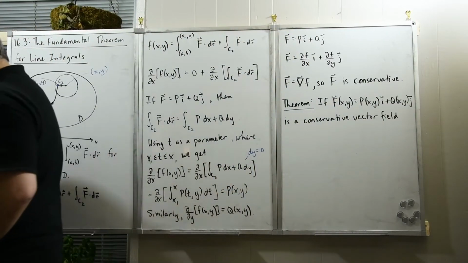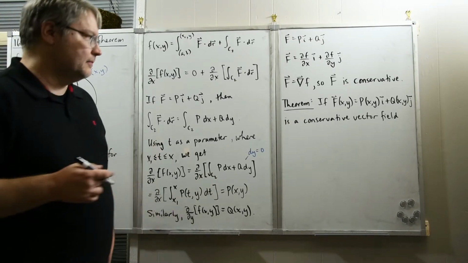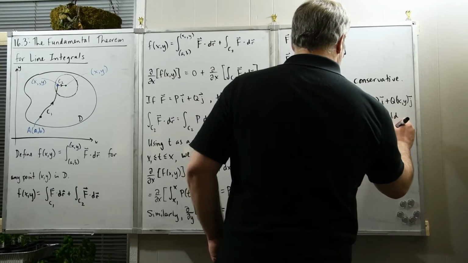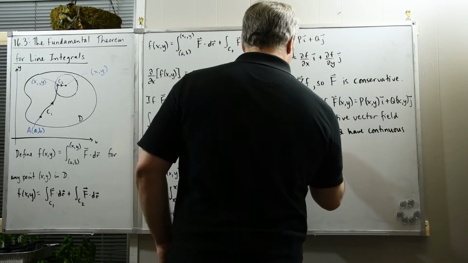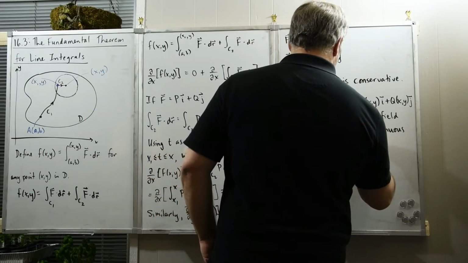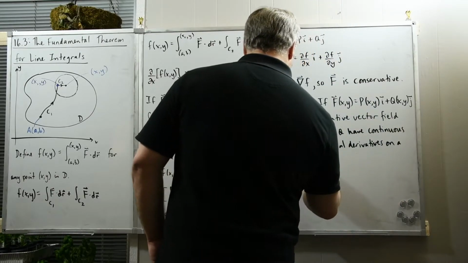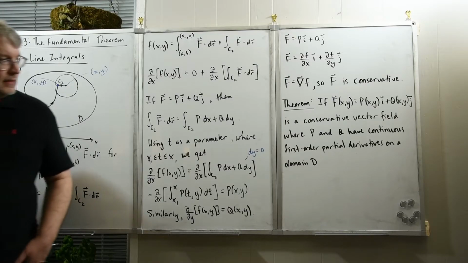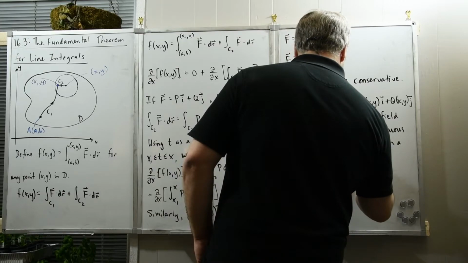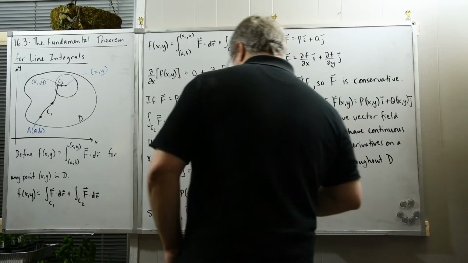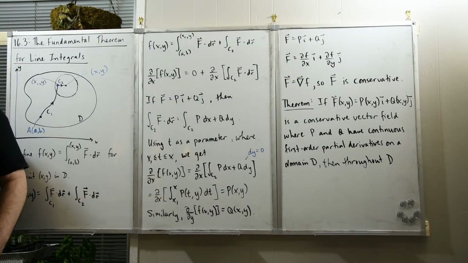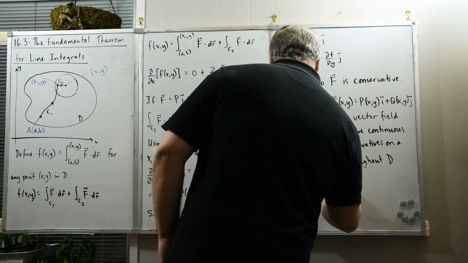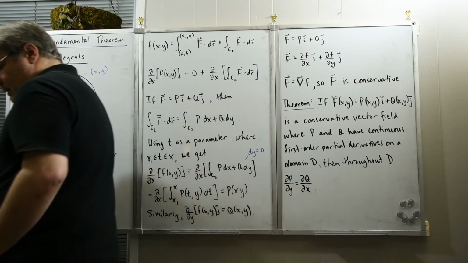And let's say that p and q have continuous first order partial derivatives on a domain D. Then throughout D, what we're going to have is that the partial derivative of p with respect to y is the same as the partial derivative of q with respect to x.